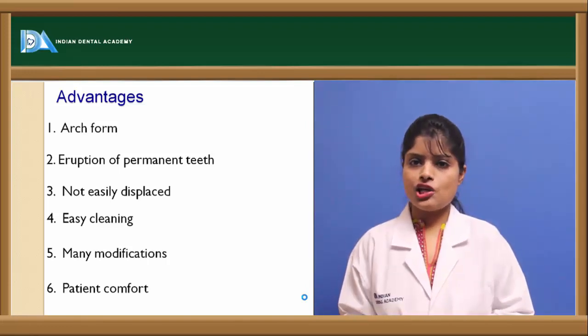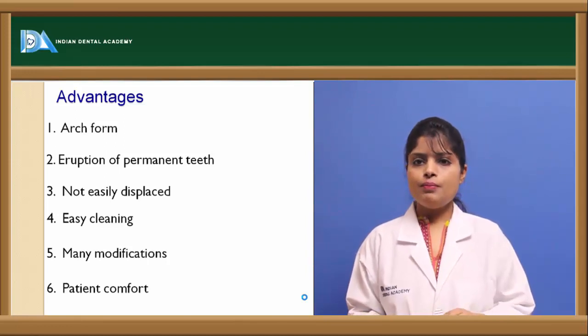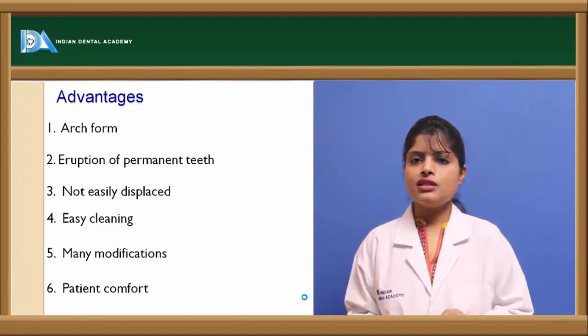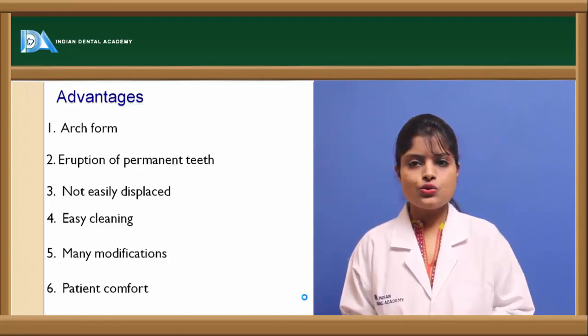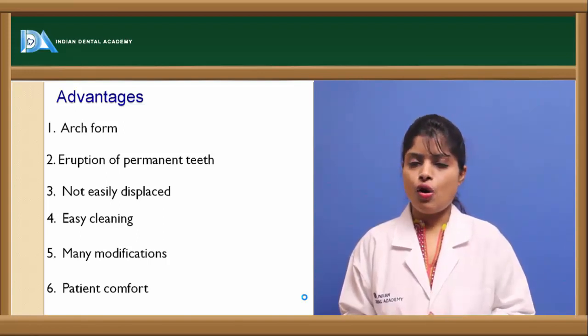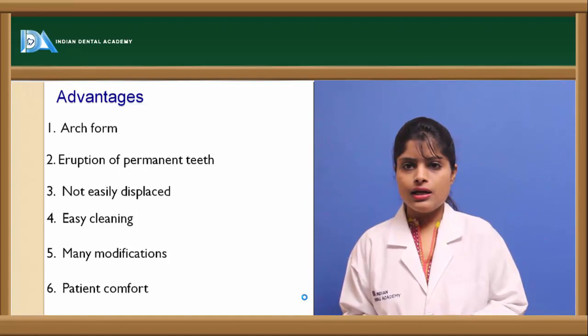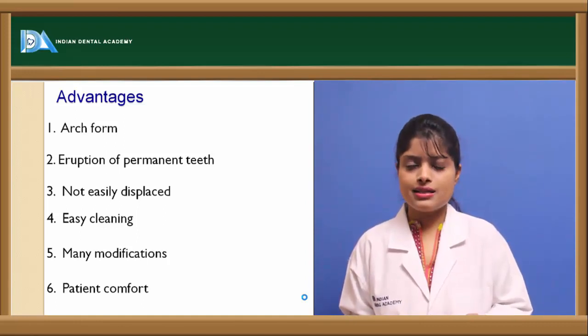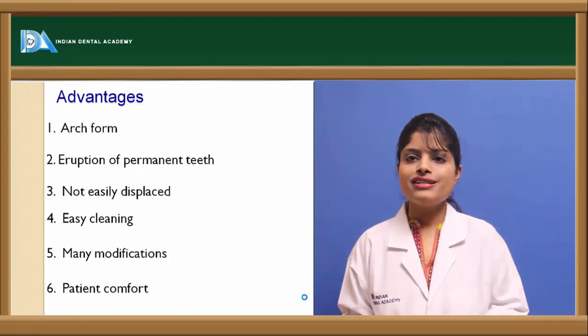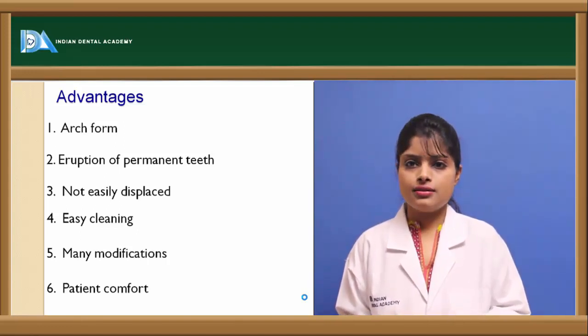The lingual arch type of appliance will promote the eruption of the permanent teeth in the oral cavity. It will not prevent the eruption of the successional teeth. It cannot be easily displaced; it is very stable in the dental arch due to the two bonded bands on the molar teeth.